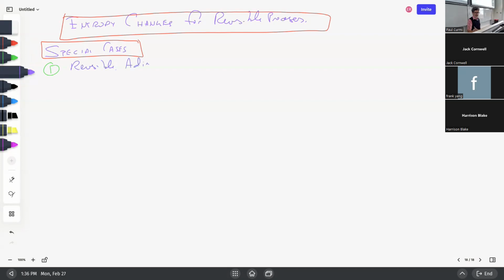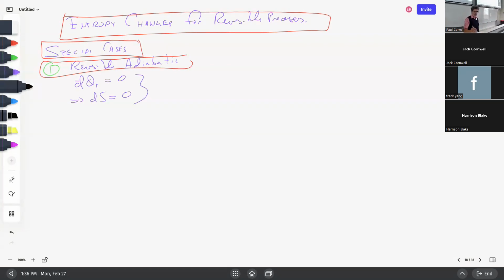So first one is reversible adiabatic. Not adiabatic free expansion. If it's a reversible adiabatic process, d̄Q reversible equals 0. And this implies that dS is equal to 0. So this is no change in entropy, and it's called isentropic.